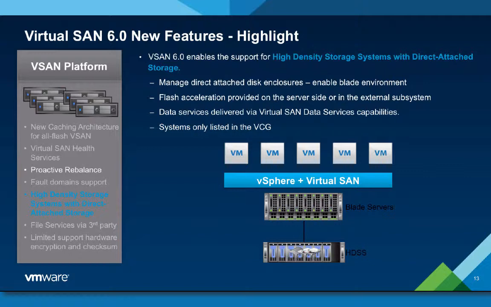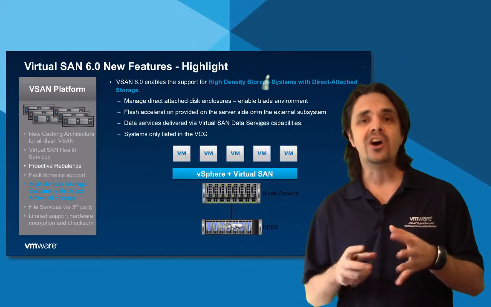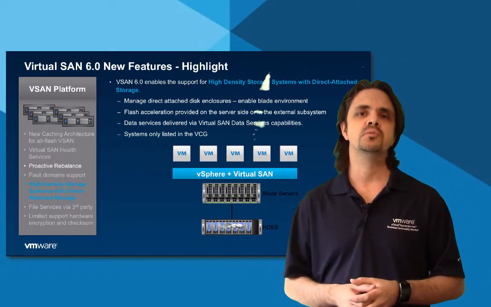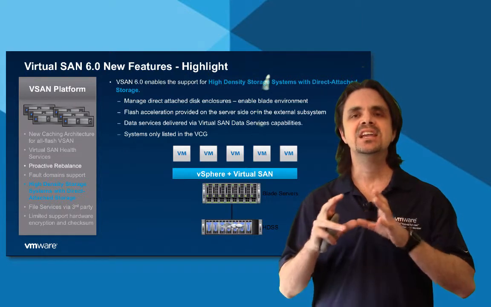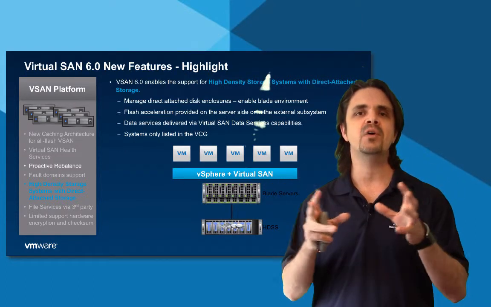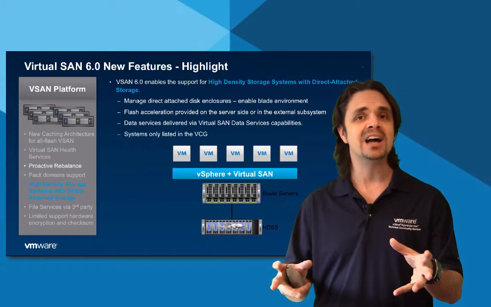We can leverage a JBOD. And using that direct attached storage, this is going to improve cost efficiency, and it's also really going to improve adoption rates, because now customers and architects alike can think much wider about what they're doing with virtual SAN and think beyond just the box.